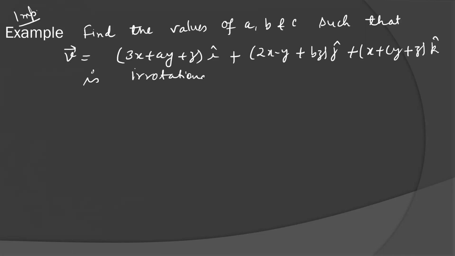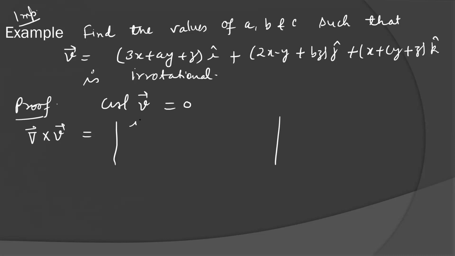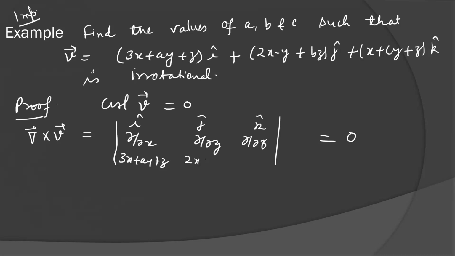irrotational. So I told you, in the case of irrotational vector field, curl V will be equal to 0. So del cross V equal to 0 means determinant of i, j, k, del del x, del del y, del del z, and if you write the coefficients of V here, 3x plus ay plus z, 2x minus y plus bz, x plus cy plus z.